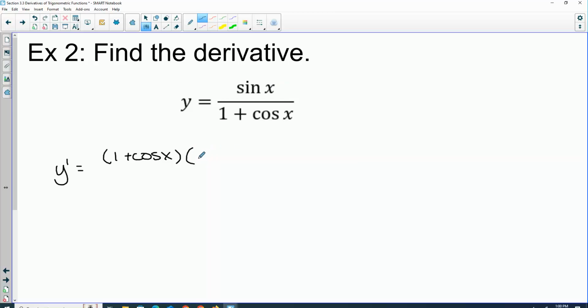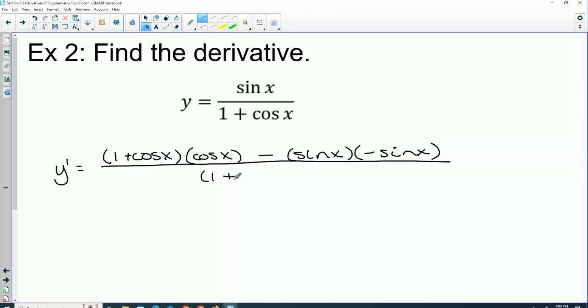What is the derivative of sine? Cosine. Minus high d low. What's the derivative of 1? 0, so we can drop that. Plus, what's the derivative of cosine? Negative sine x. Over low squared.